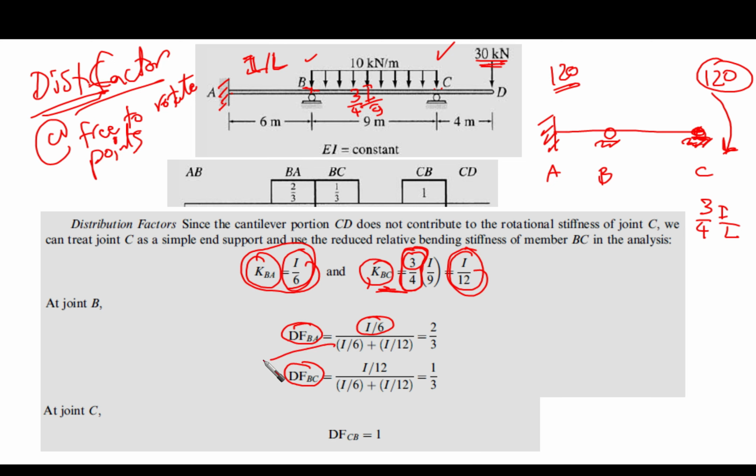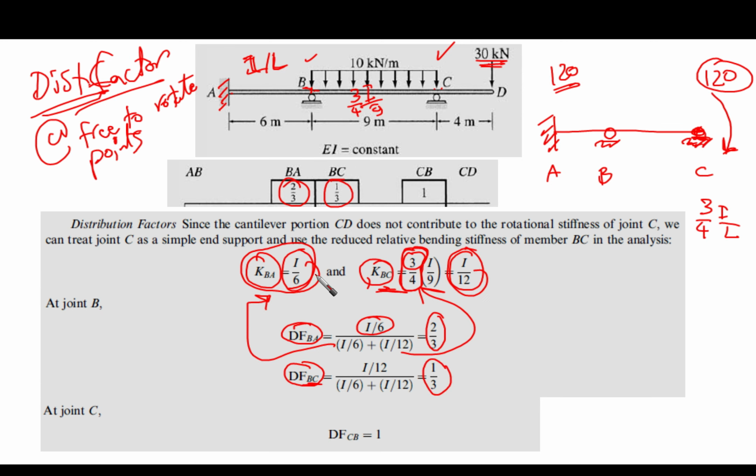So this one is KBA, this one is KBC. This is not I over 12 directly, this is relative stiffness, far end is hinged, so it is 3/4 I over 9. So now we obtained this distribution factor, it is 2 over 3. Without any calculation, the distribution factor for BC must be 1/3, because the summation should be 1.